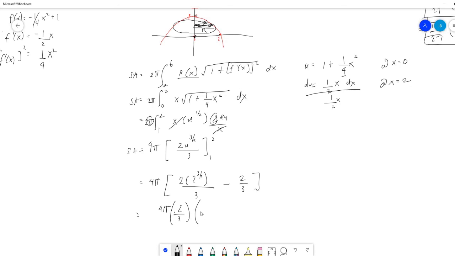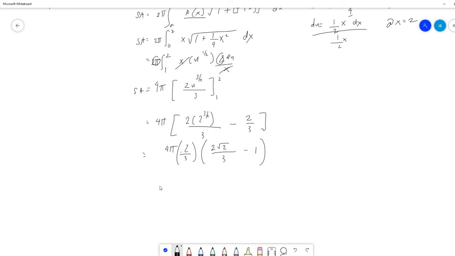So that's square root of 8, or 2 square root of 2 over 3 minus 1. Okay? Or we can also do, that's, pangit pa siya, no? 8 pi over 3. Oh, sorry. Over 3 should not be already here since nilabas na natin siya. Okay? We already simplified that one. So, 8 pi over 3.